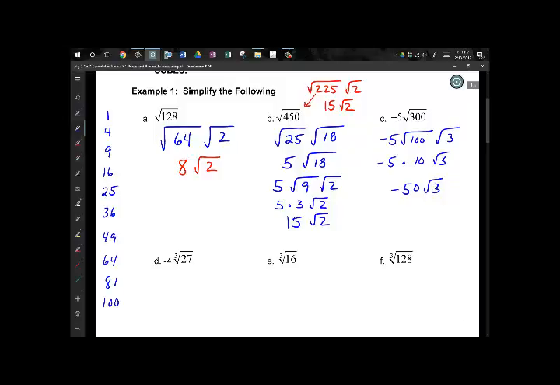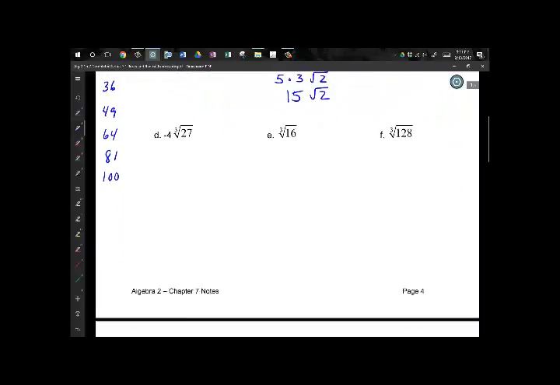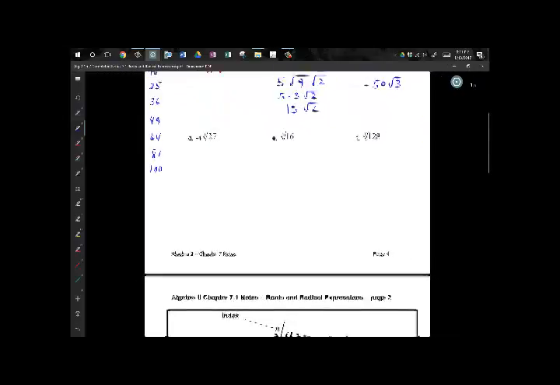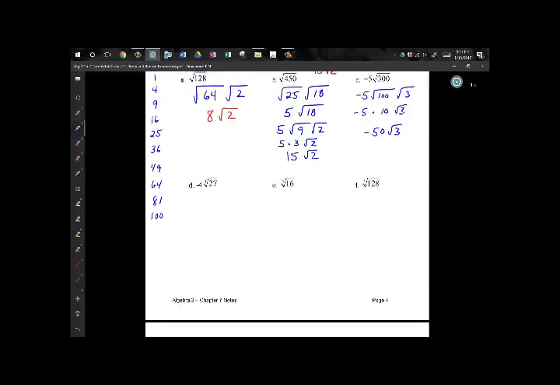Now, let's take these same ideas and apply them to cubed roots. With a cubed root, we have to think about what are the perfect cubes that are going to go into different numbers. And down here, I'm going to write out the perfect cubes as we reviewed yesterday. 1 cubed is 1, 2 cubed is 8, 3 cubed is 27, 4 cubed is 64, 5 cubed is 125, and 6 cubed is 216.